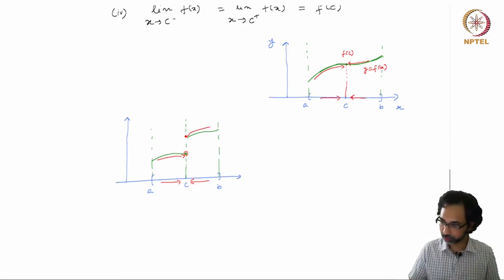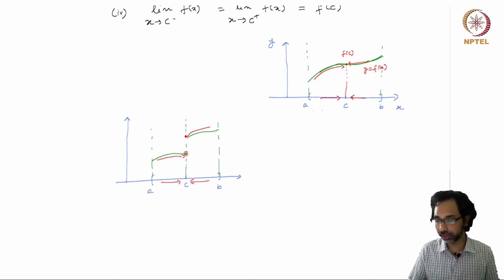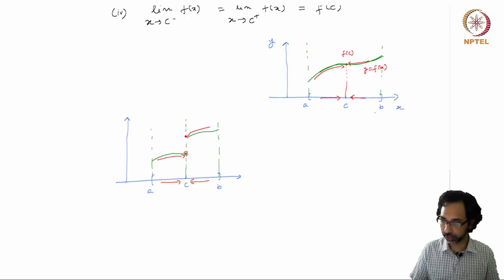So this is about the definition of continuity at an interior point in this closed interval [a, b]. In addition, we should also say what happens at the endpoints a and b.